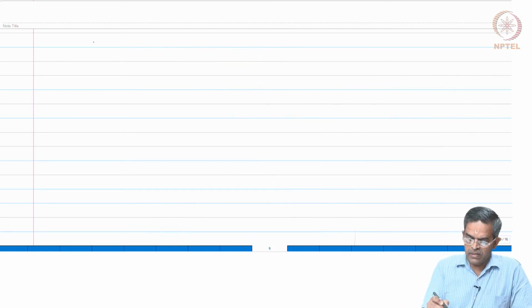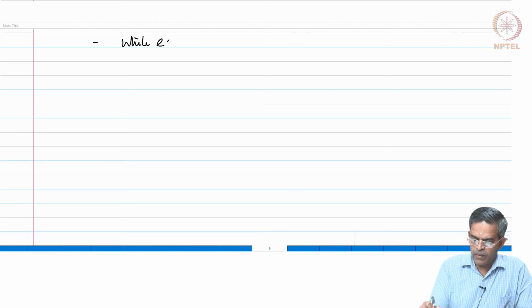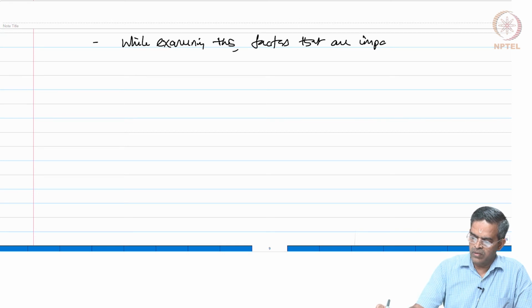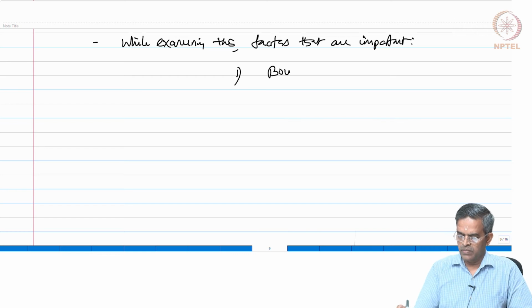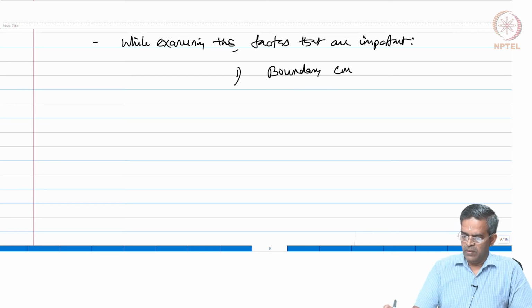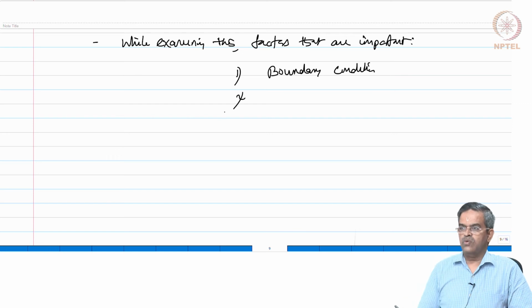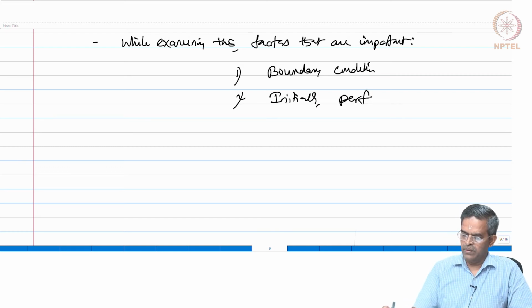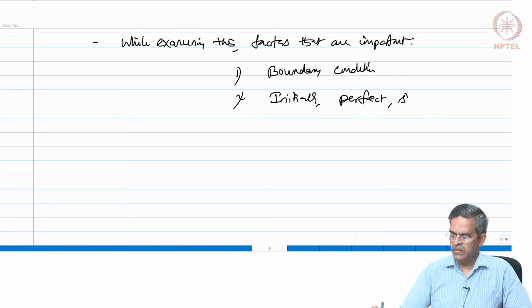While examining this, what are the factors which are important? One, boundary conditions. Two, initially perfect straight geometry.